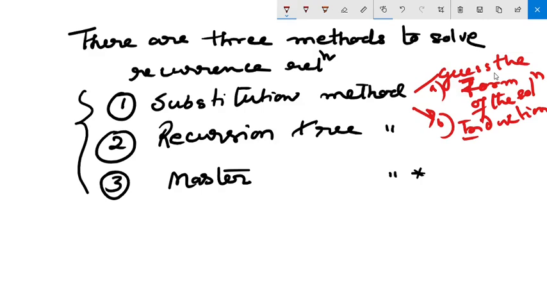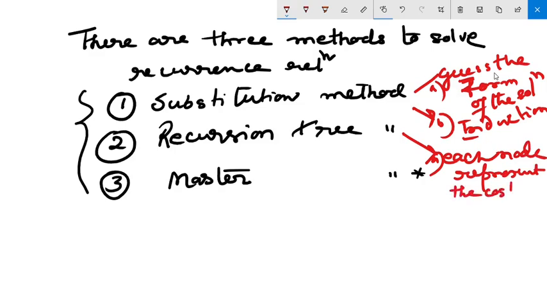We can directly draw a recursion tree, and through that also we can find the solution. In the recursion tree, each node represents the cost. We will see that when we solve a problem using a recursion tree.